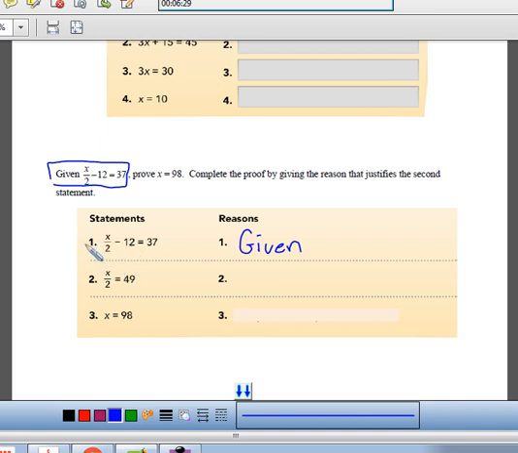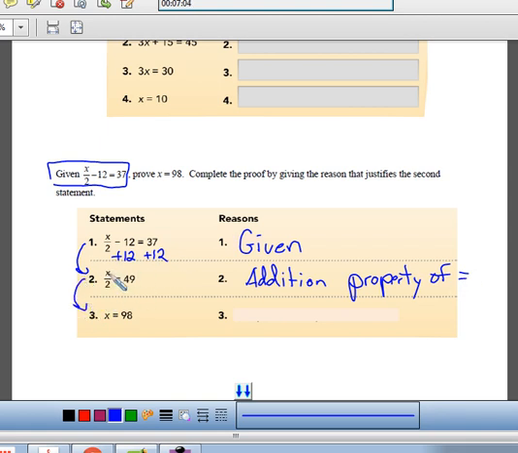Next step, how do I get from 1 to 2? Well, it looks like they got rid of the minus 12, probably by adding it. That's right, that's the addition property of equality. Okay, next step, how do I get from 2 to 3?